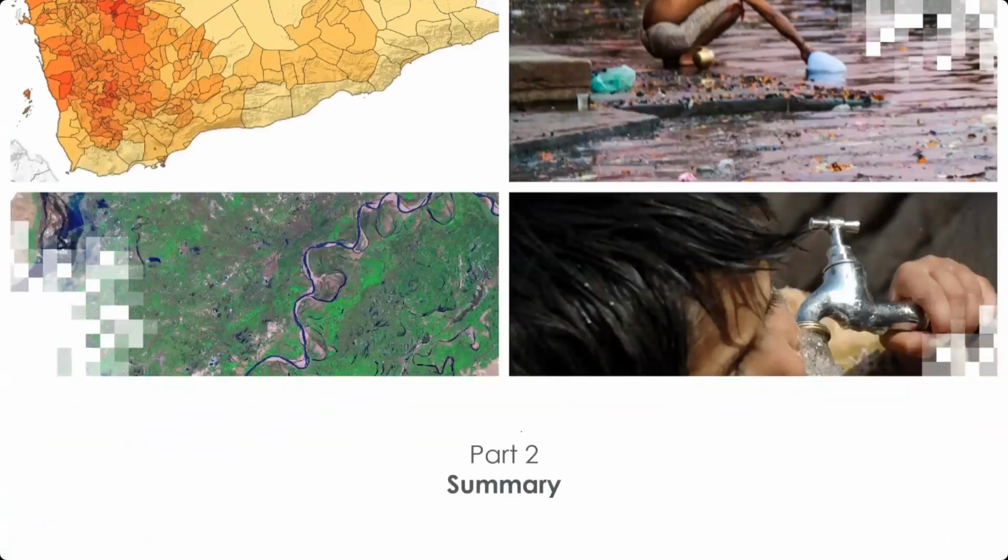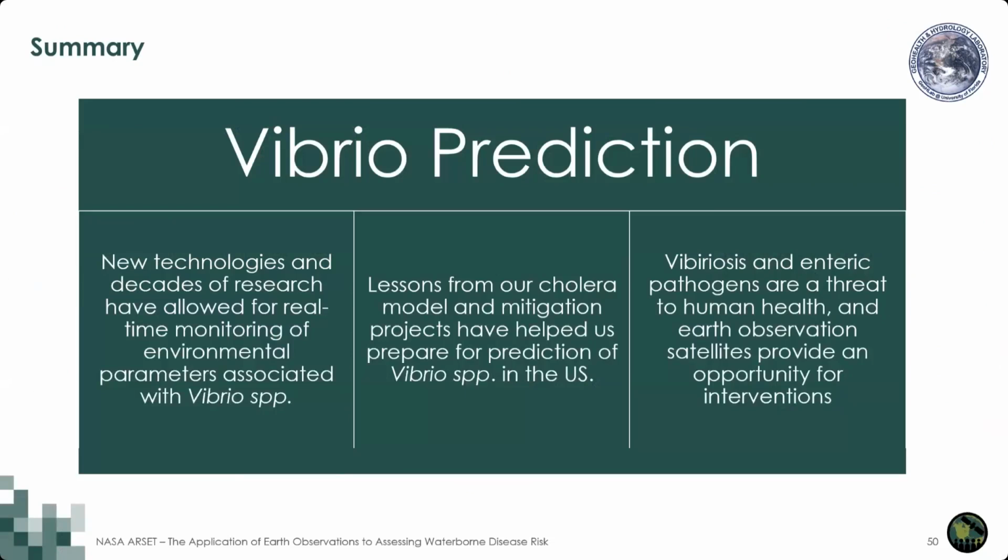So, ending this training presentation, we have successfully developed a prediction model using long-term data sets that were collected starting in the 1960s on Vibrio cholerae, and then linked it with the environmental variables that were measured and then computed using NASA's satellite data sets.